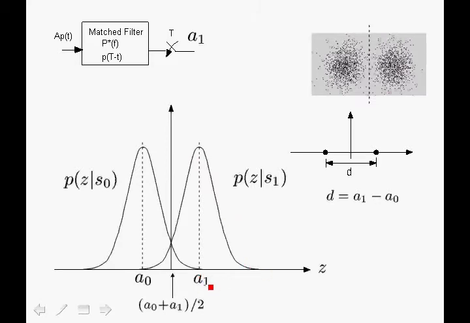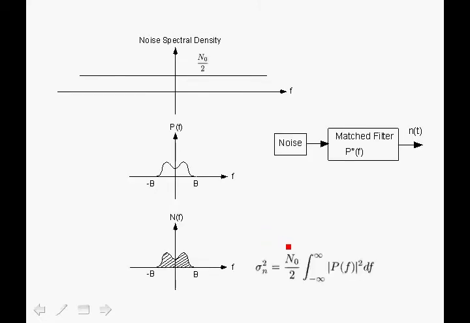The mean value would be A1, shown over here, corresponding to this point here. However, because of the noise, we will have a normal distribution around that, corresponding to the noise in the channel. The variance of the noise is computed as shown over here, so it's equal to sigma n squared, the variance of the filtered noise, as the noise is filtered by the match filter.